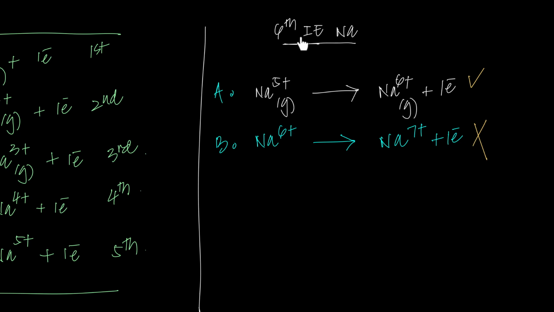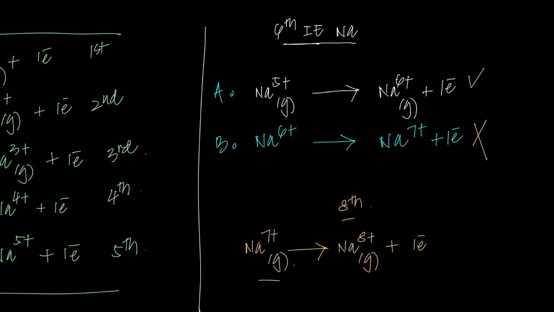So whenever you want to write maybe the 7th ionization energy for sodium, or the 8th ionization energy for sodium, that means you must be forming an 8 plus ion. That's the 8th ionization energy. And from what do you form the 8 plus ion? Well, you form the 8 plus ion from the 7 plus gaseous ion.